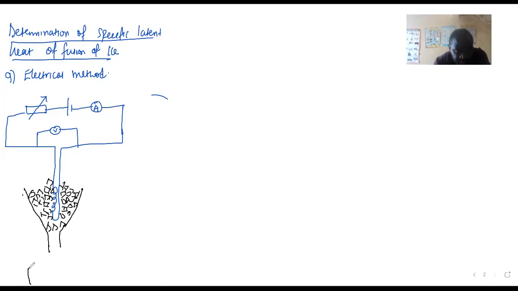Then we can have our reservoir here to collect the water that has melted. So this is water collected. This is a filter funnel.